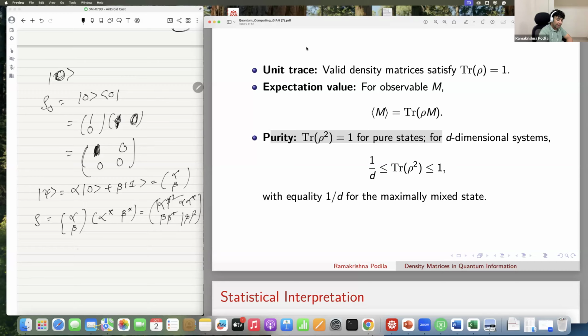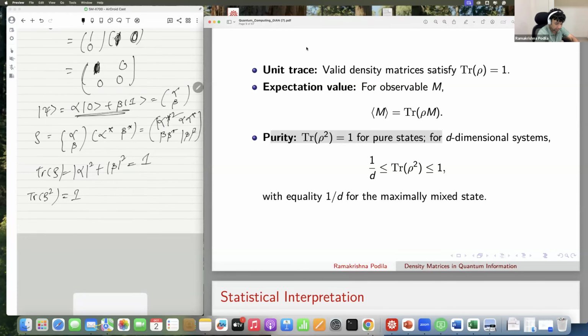You see here that alpha square plus beta square is 1. That is always true because the total probability is 1. So the trace of rho is 1. Now you may think that this is a mixed state because you are mixing 0 and 1. But verify for yourself that if you do rho square for this, trace of rho square also will come out to be 1 for this state.